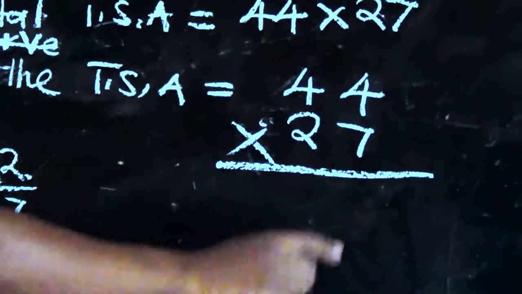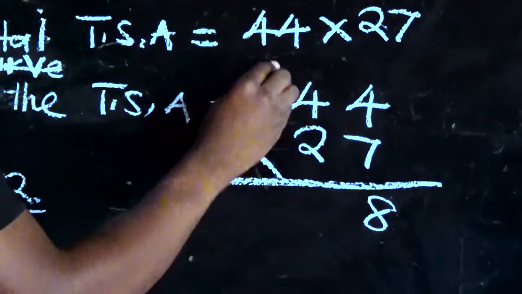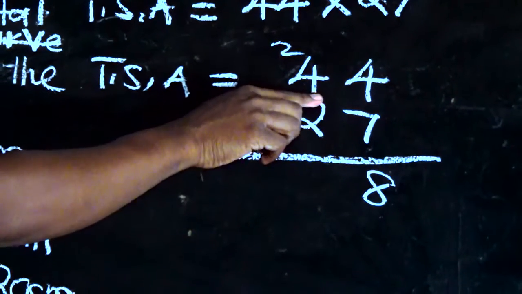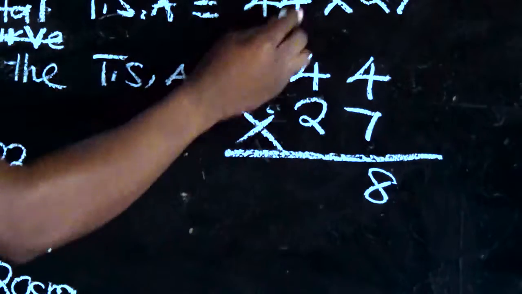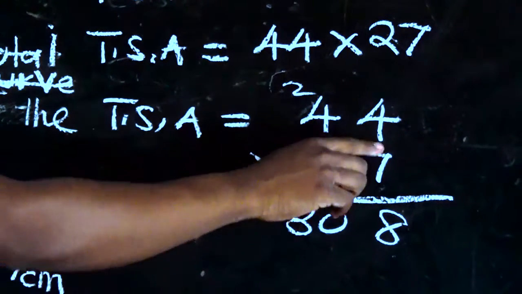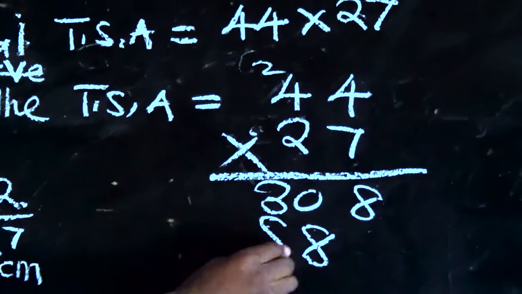Okay? Yes. So 7 times 4 is what? 28. So write 8 carry what? 2. Are we together, people? Then 7 times 4 is what? 28. 28 plus 2. You get 30. Very good. Okay? Then what is 2 times 4, guys? 8. 2 times 4? 8 again.